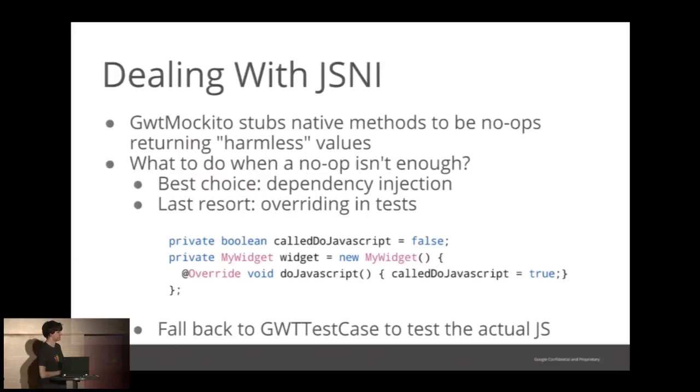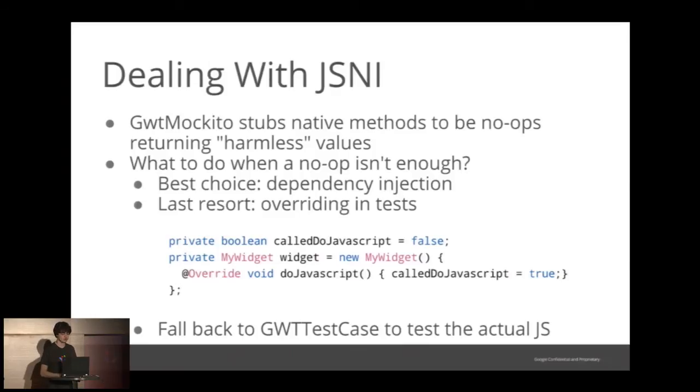And this works. It's not a great solution. It's a little bit ugly. It doesn't work if the doJavaScript method is private, because you need to be able to override it. So usually you're better off using dependency injection, but this is an option that is available to you.